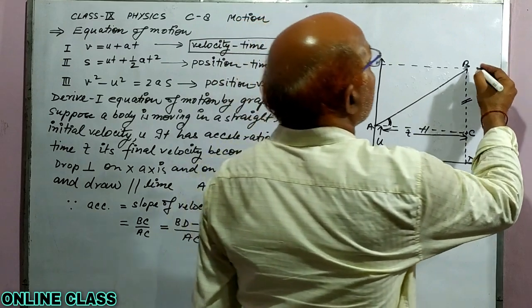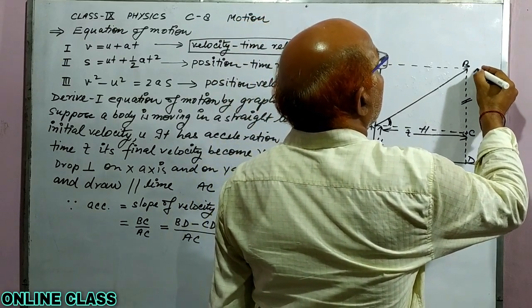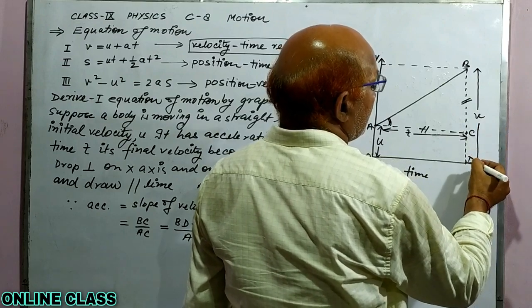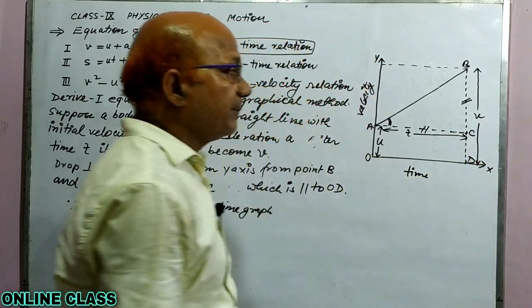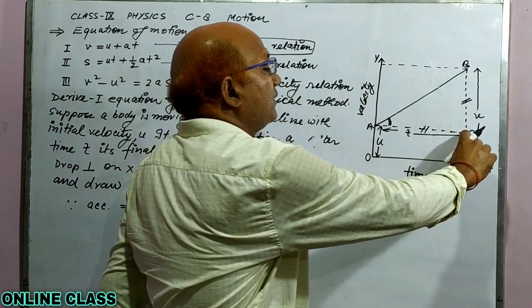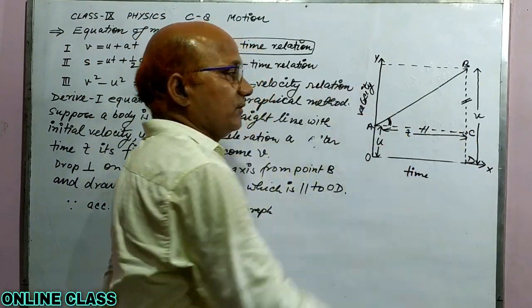What is BD? BD here represents final velocity and this portion represents initial velocity.